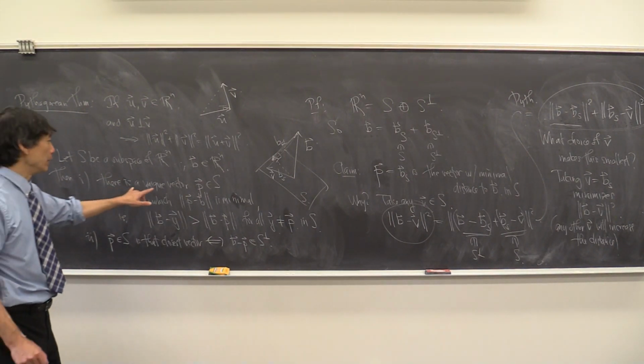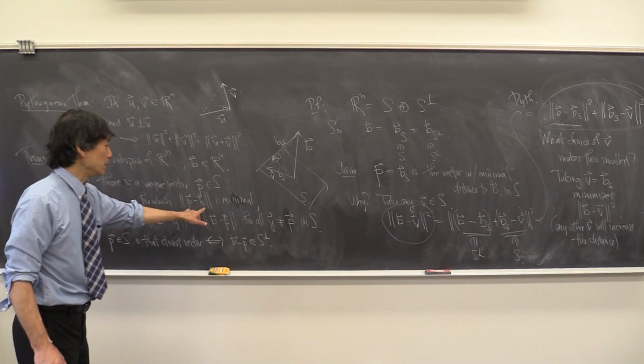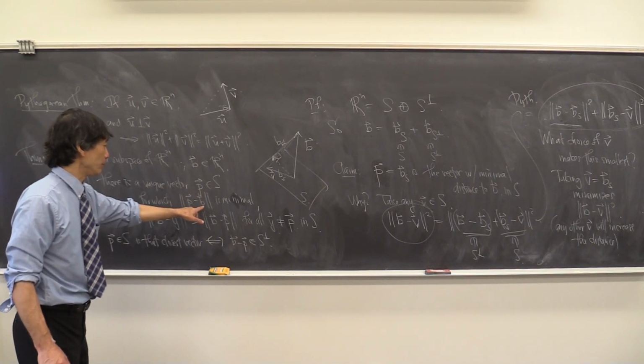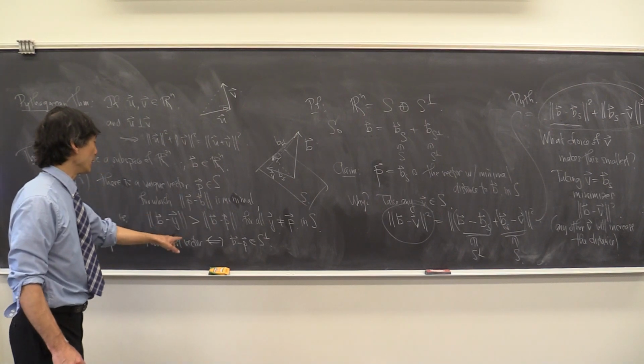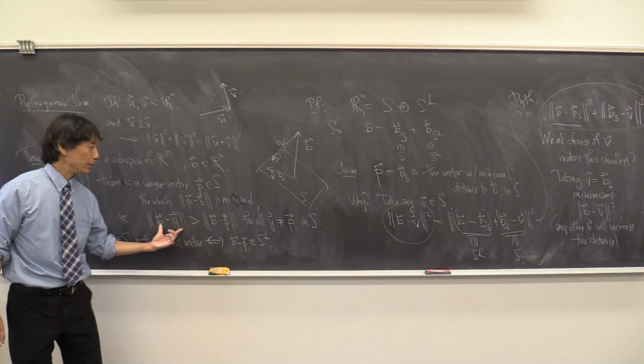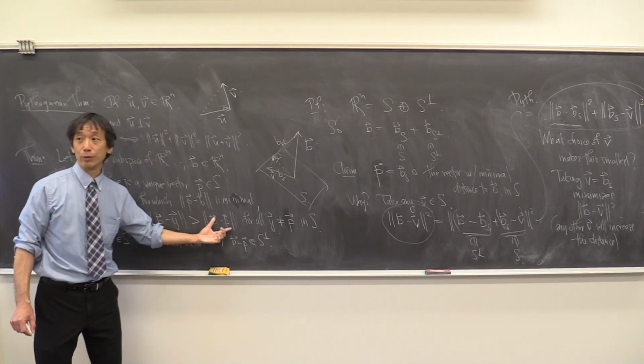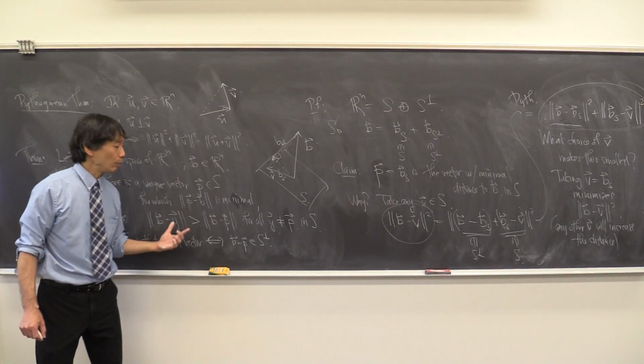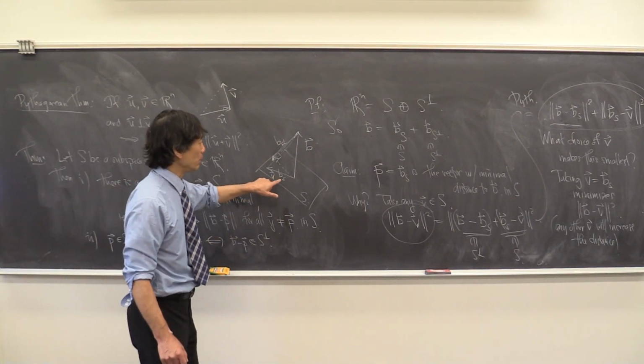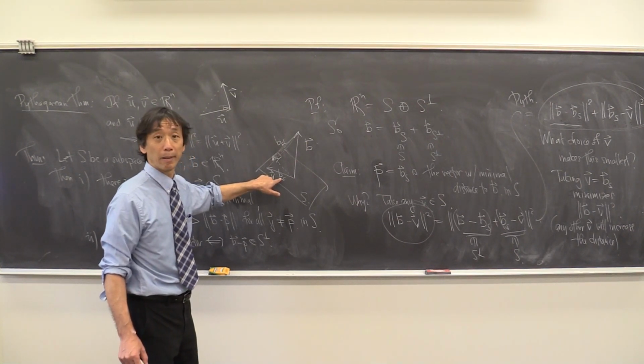There is a unique vector for which the distance between P and B is minimal. Any other vector is going to give you a greater distance. What vector is it? It's B sub S.